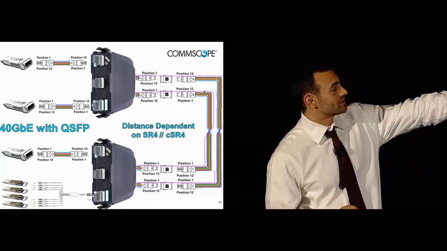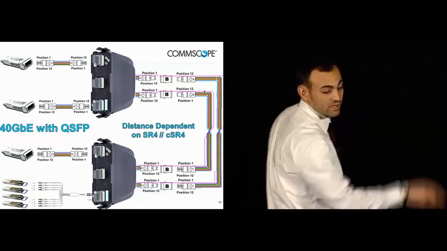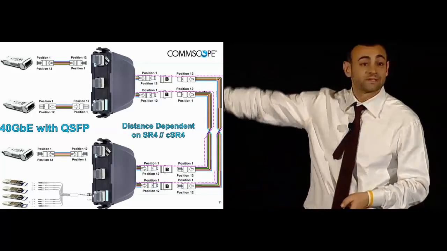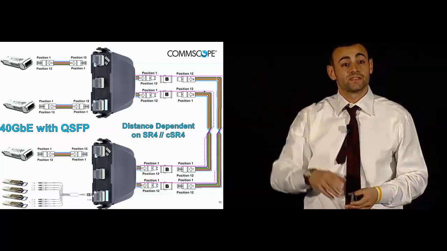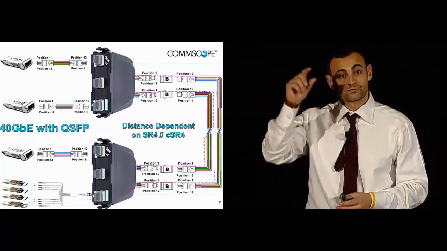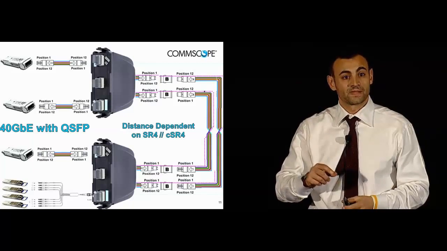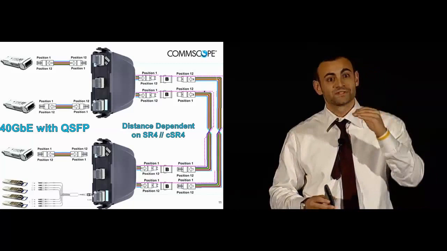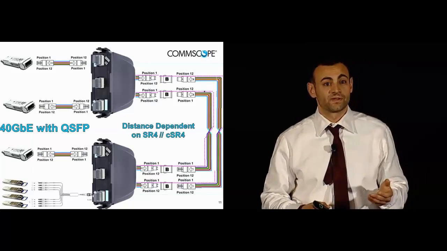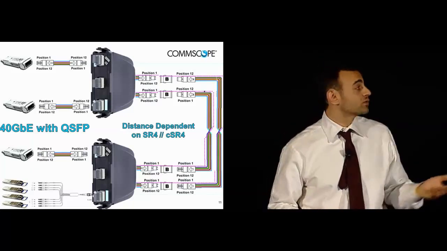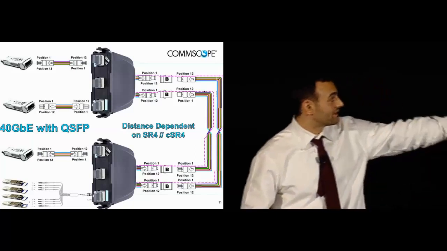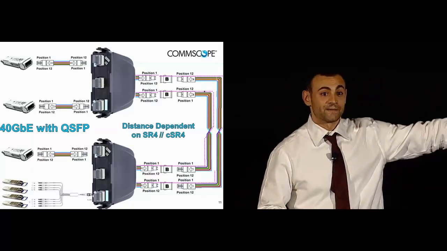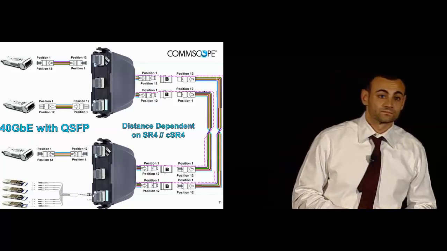So this particular solution right here allows you to take two 12-fiber permanent link trunk cables and transition them to 3 8-fiber cables. And when you use the extended reach transceivers, you're able to match those distances that a 10 gig transceiver would allow for. And you're also allowed to do 10 gig in this configuration at those distances.